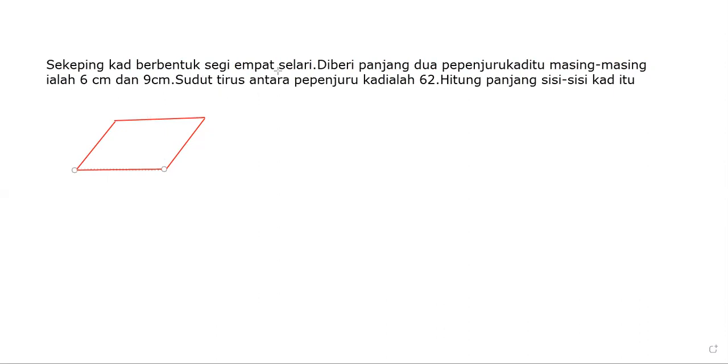When they say perpenjuru, it means the diagonal of the line. So there are two perpenjuru. One is 6 cm and the other one is 9 cm. So we can draw our own perpenjuru. Let's say this is our perpenjuru, from one end to the other end.